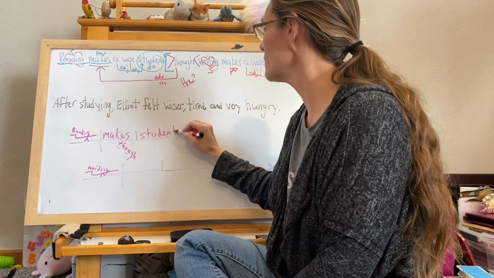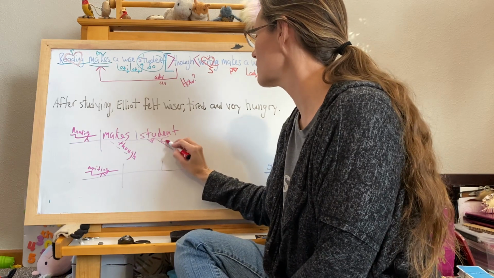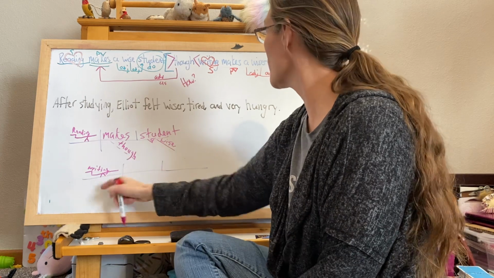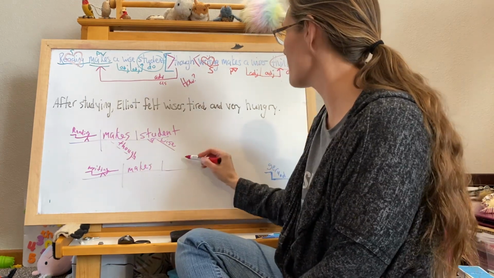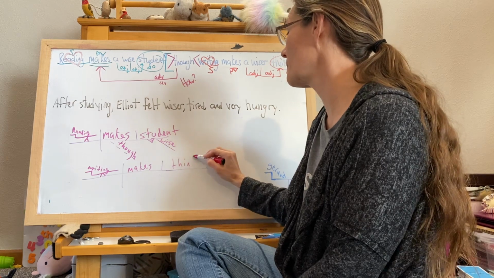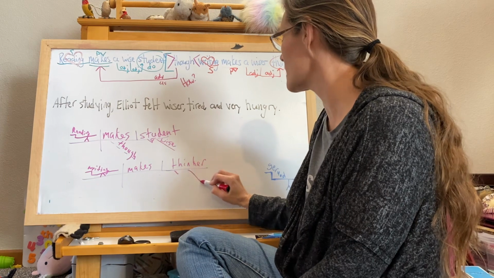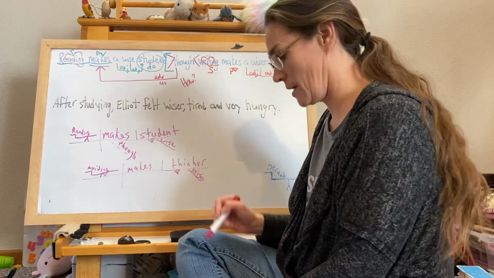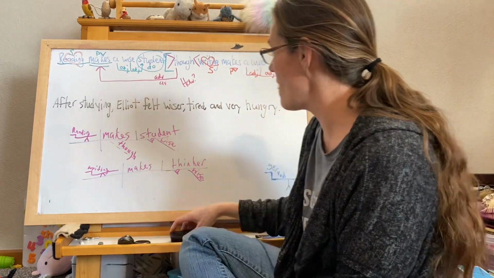Student. And we have a wise. Though writing makes who or what? Makes a thinker. And our modifiers are a wise thinker. Okay, so that's how you do that.